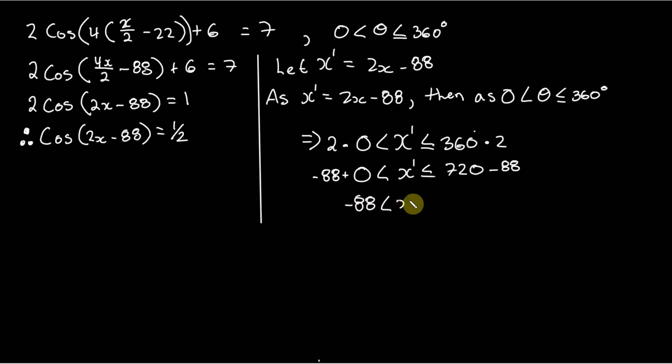So we get big X prime is greater now than negative 88. And it's going to be less than or equal to 720 minus 88, which is 632. Okay, this is our new interval for big X prime. Now we can box this off.